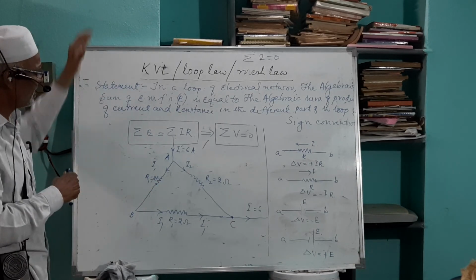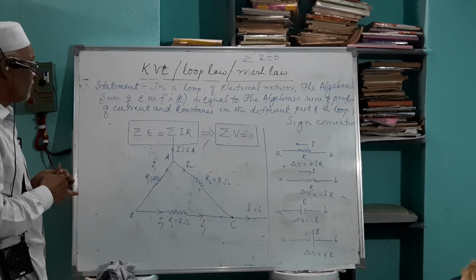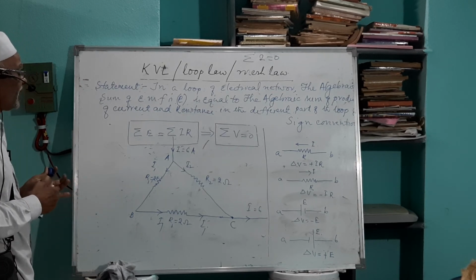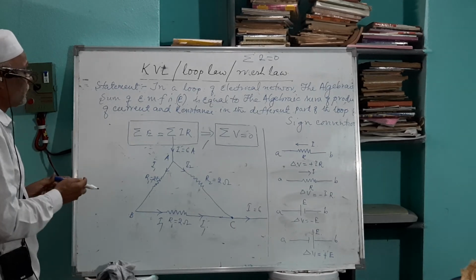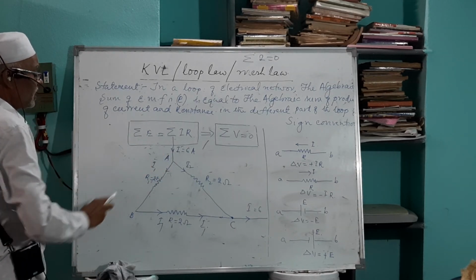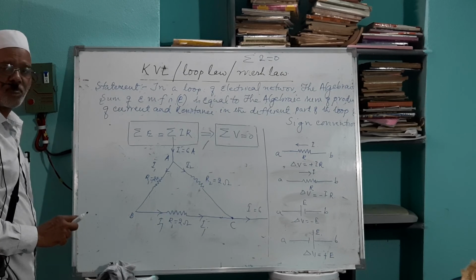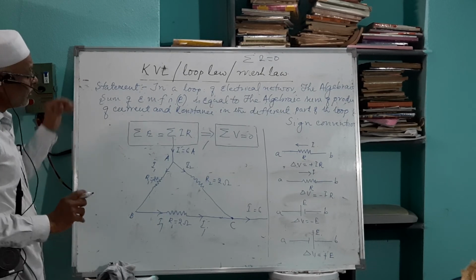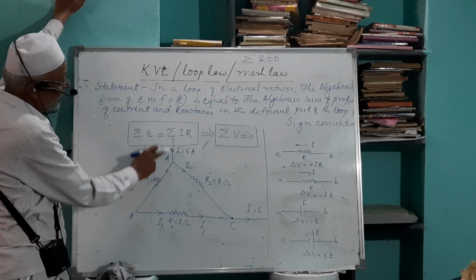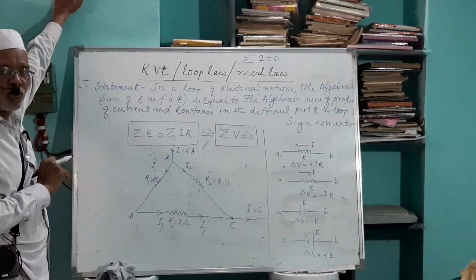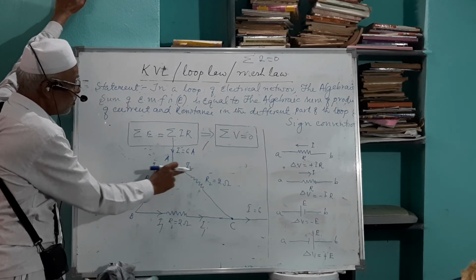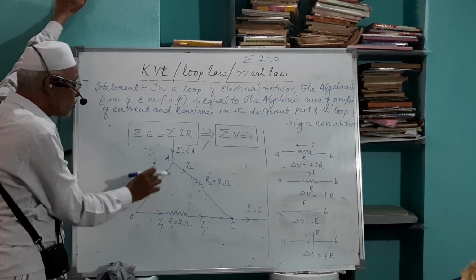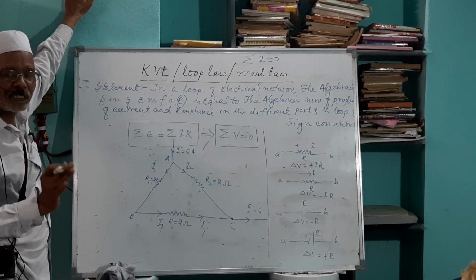Let us see this example, a beautiful example. First of all you have to apply KCL at junction A. A junction is a point where 3 or more conductors meet. Here in this branch, current is coming toward the junction, so it is taken to be positive, whereas in the two branches I1 and I2, current is leaving the junction.